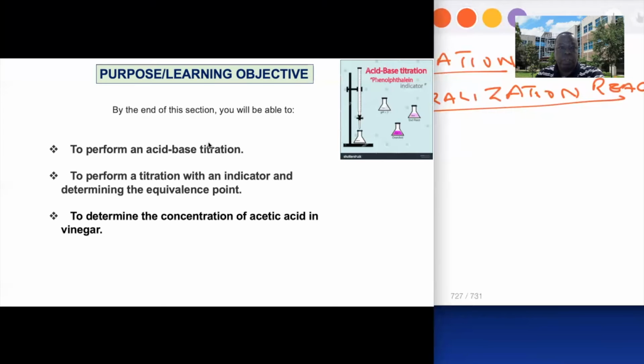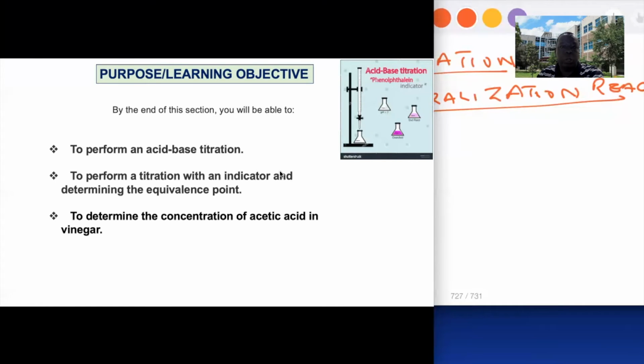The purpose of this lab is to introduce you to the concept of titration, and hopefully down the line you'll be able to perform titration or have hands-on experience on titration. There are two parts in this case. Part A is standardization of the NaOH. Even though it's indicated as 0.1, sometimes it can be less than that, it can be more than that.